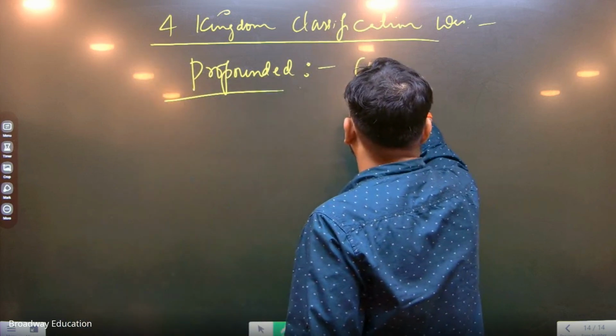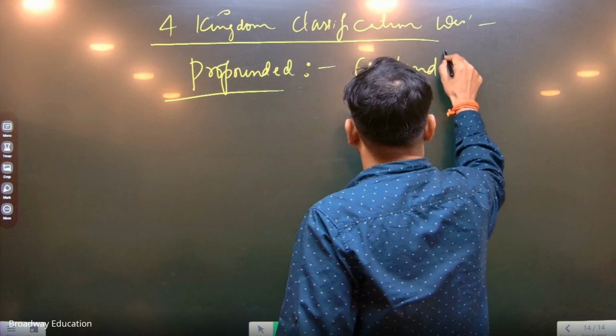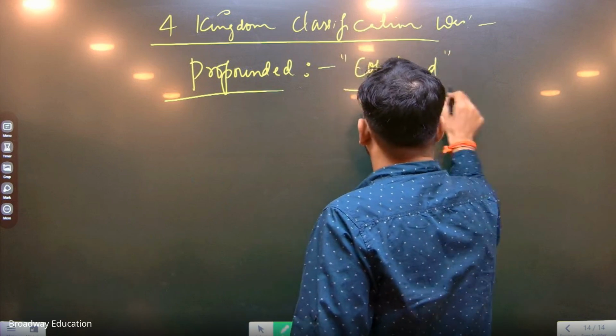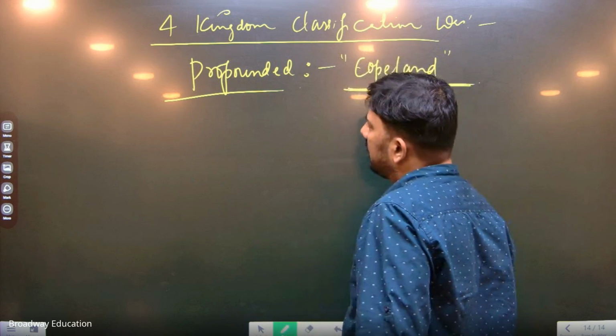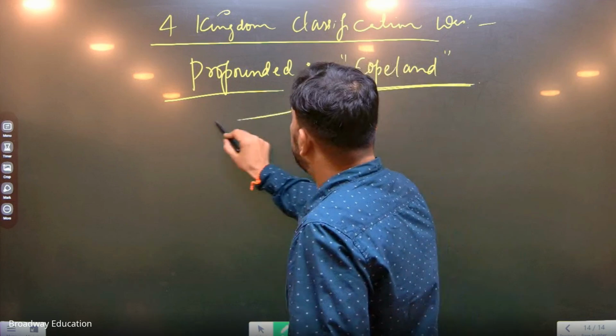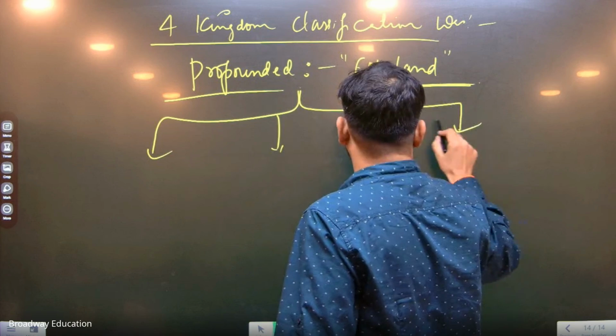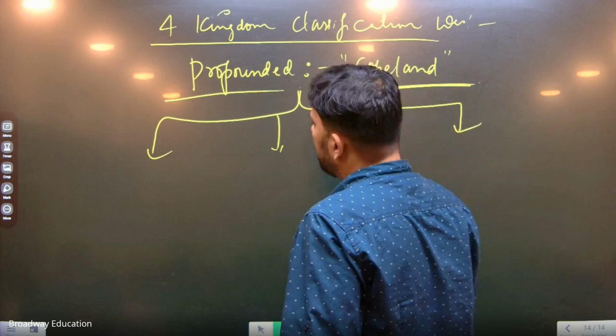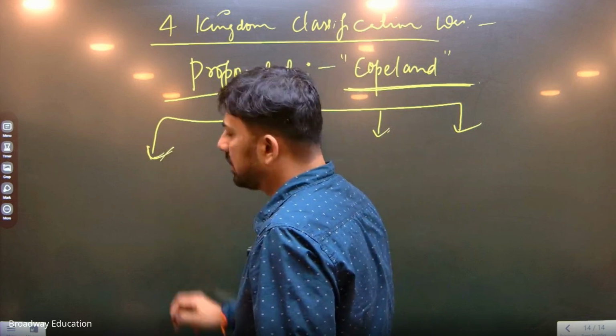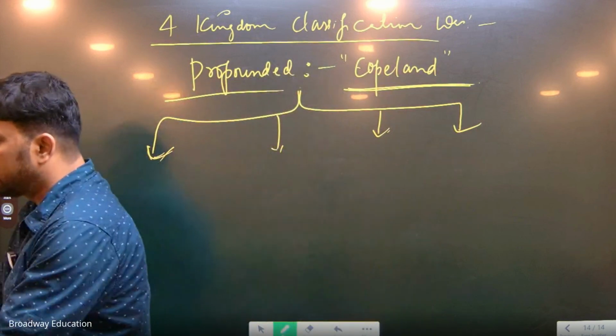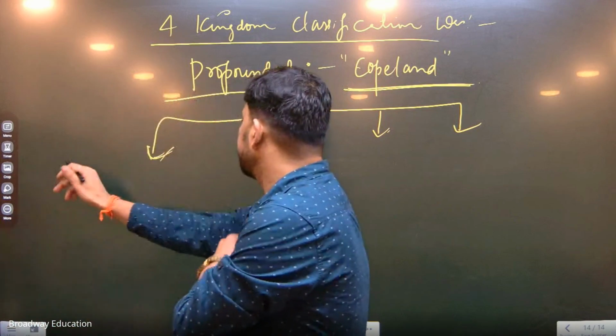Very important. Now, which were these four branches? Copeland, please write it down. Copeland said Monera, Protista, Plantae, Animalia.